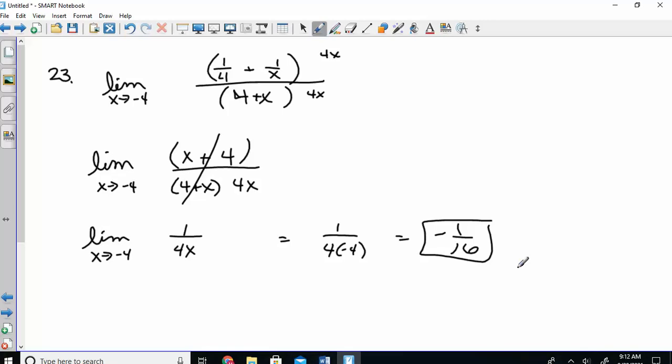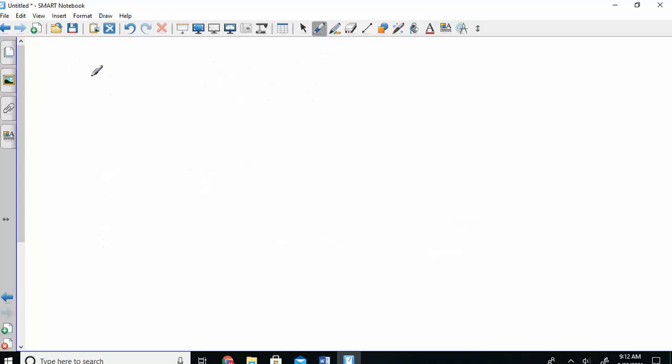So let's talk about this quiz. It does go back to section 2.1. I'm going to give you a handout here in a minute. It's mostly practicing problems 11 through 32, evaluating the limits, because watching you guys yesterday, that's what you're struggling with the most, trying to figure out what trick I need to do so I can plug in.